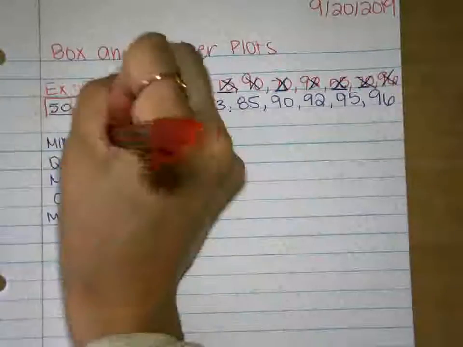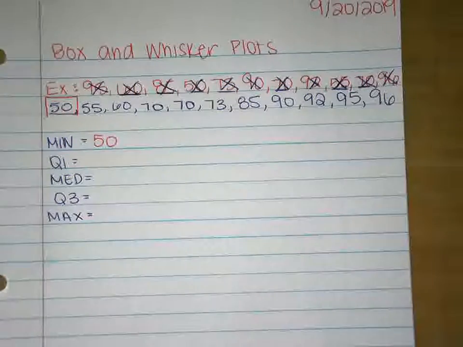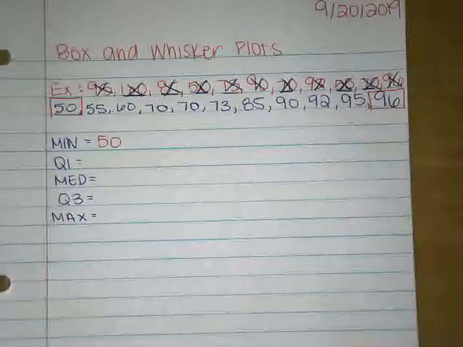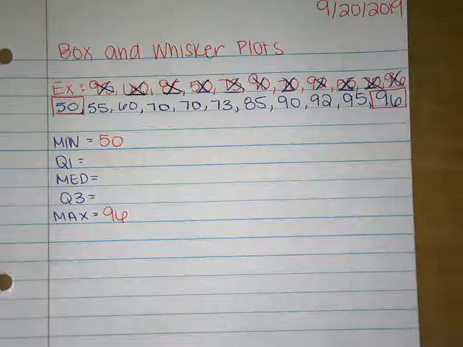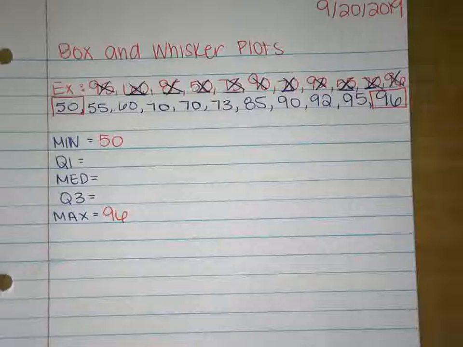So when I look at this set of numbers, my smallest number is 50, which means my minimum is 50. The next number I needed to find was maximum. That is my largest number. My largest number is 96. Therefore, my max is 96. Those are the two easiest to find because all you have to do is look.